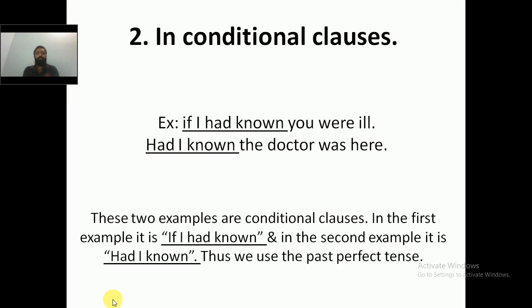The first sentence becomes a conditional clause because we have used the word if, and thus we use the past perfect tense. If I had known. The second sentence becomes a conditional clause because we have used the past perfect tense, that is, had I known the doctor was here. So this is the second usage of the past perfect tense.